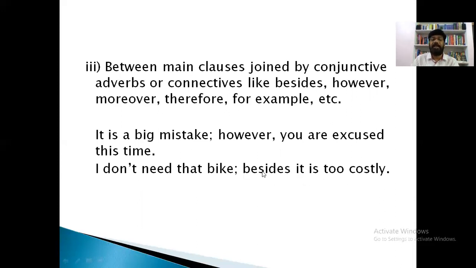This is a conjunctive adverb, and before such words we have to use a semicolon. A semicolon is used before such words like besides, however, moreover, therefore, for example. These are called conjunctive adverbs or connectives, and before such connectives we have to use a semicolon.